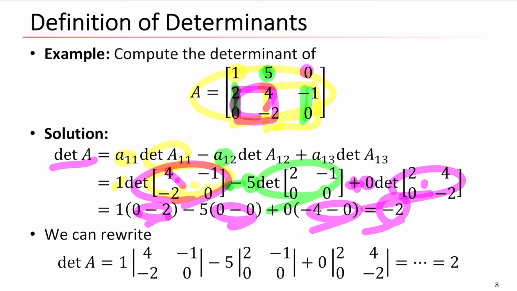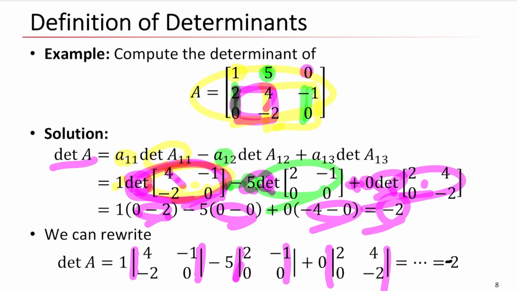In other words, we can represent the determinant of this one like this, because it is difficult to write the determinant every time, so we introduce a new notation to represent the determinant, something like that. Here is the negative sign.